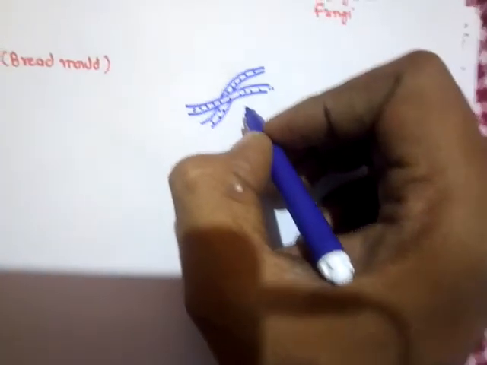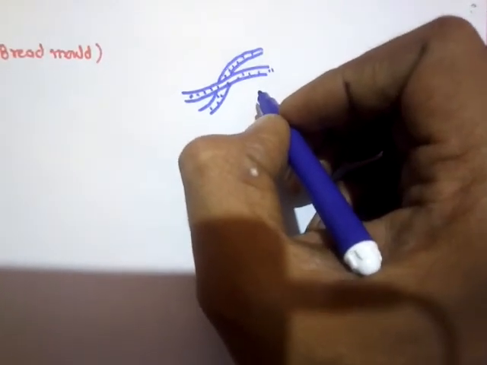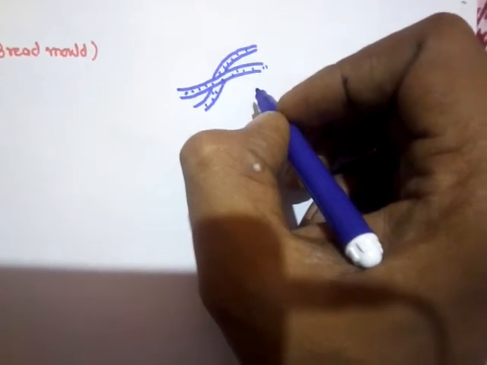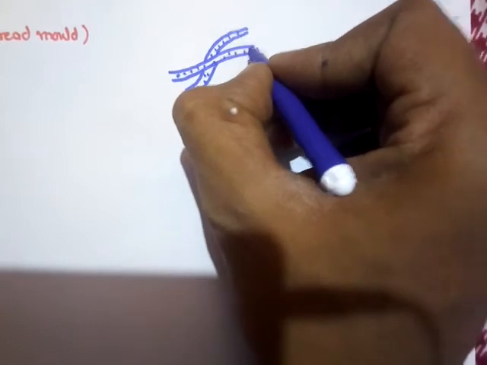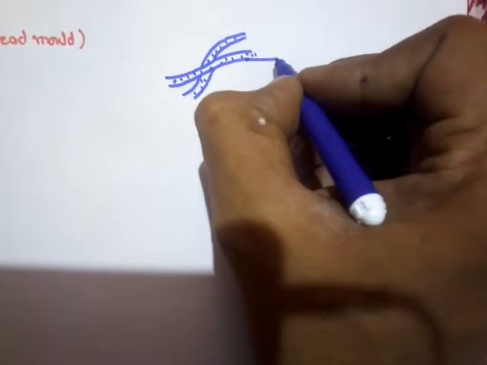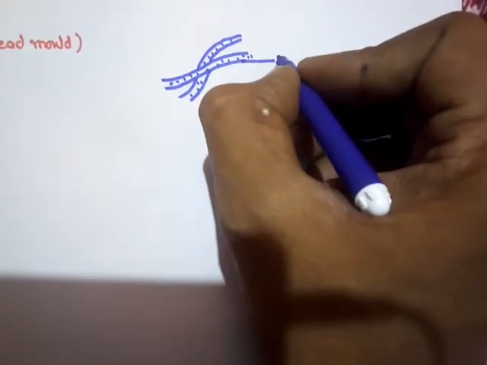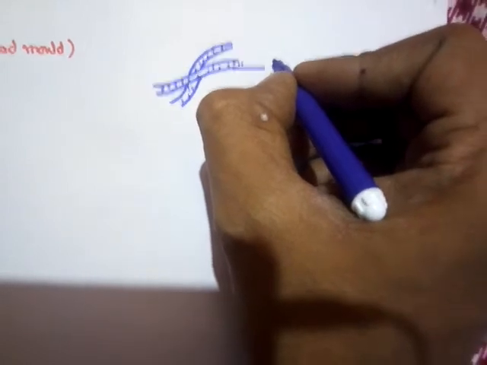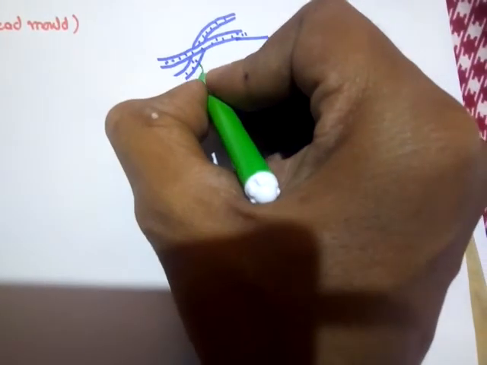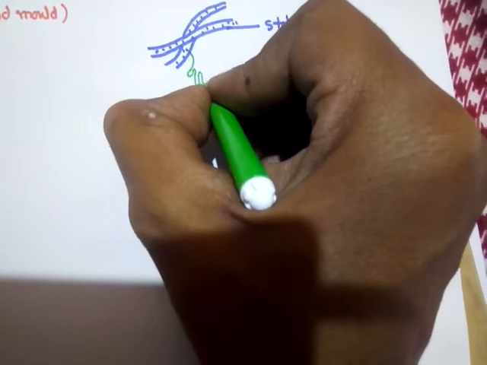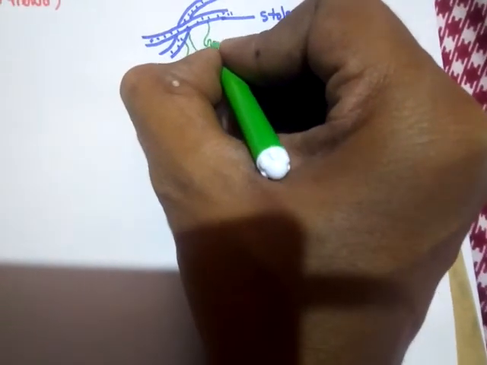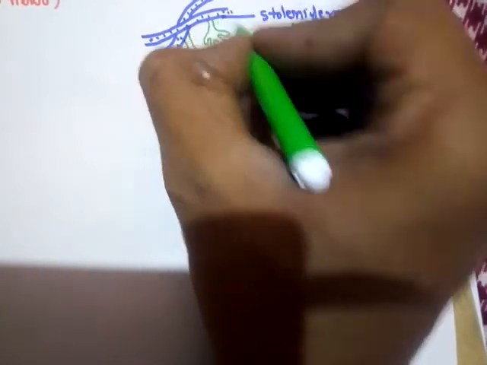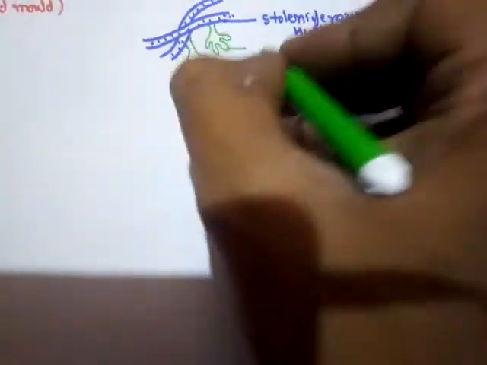These are the hyphae that grow over the substratum, that means the bread or wood on which the fungi is growing. The hyphae that grow over that surface are known as stoloniferous hyphae. And from these stoloniferous hyphae, a second kind of hyphae grow inside the substratum, and they act as the roots, and that is why they are known as the rhizoidal hyphae.